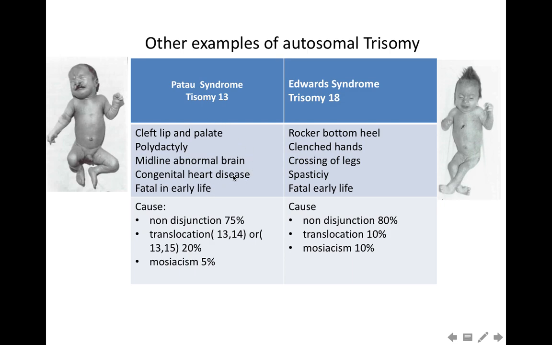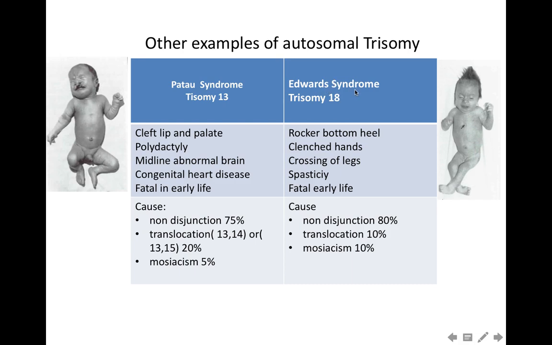And most of the cases of trisomy 13 may be lost as miscarriage, and if they are born alive, it's usually fatal because of the severe abnormal development of the brain and the internal organs. Again, the commonest type is the non-disjunction type, but also you can have translocation type or mosaic type.